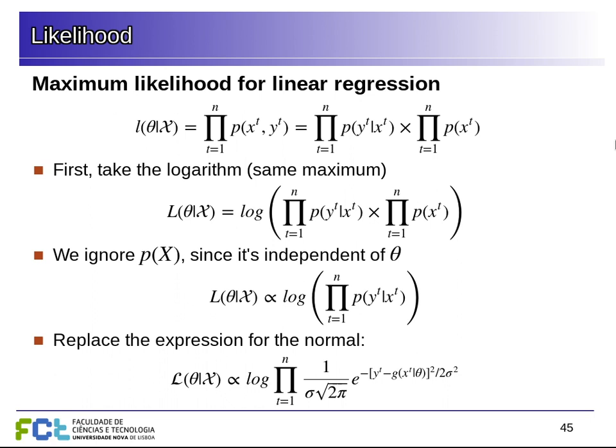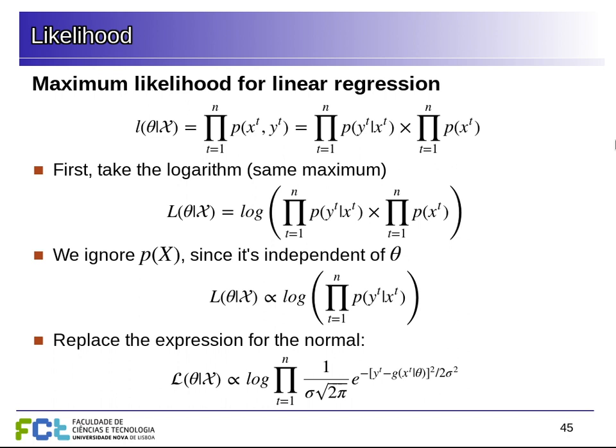So only this conditional probability term here matters. And also we can take the logarithm because we're trying to maximize this, and the maximum will be the same set of parameters whether we consider the actual product or the logarithm. So this simplifies the computations because multiplying small values will often lead us to problems.